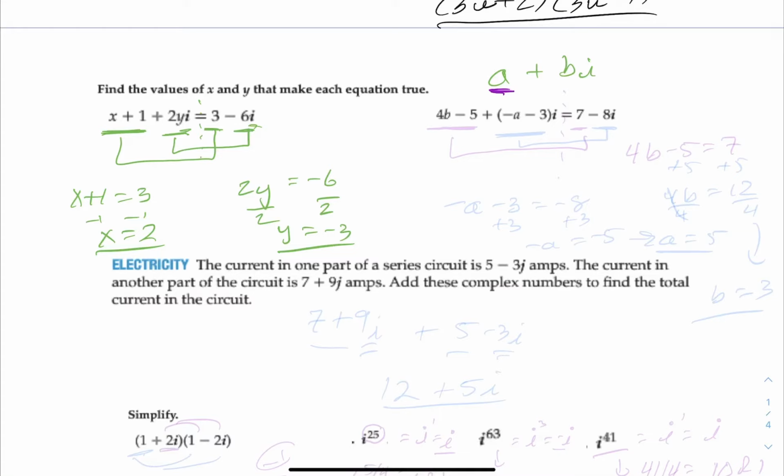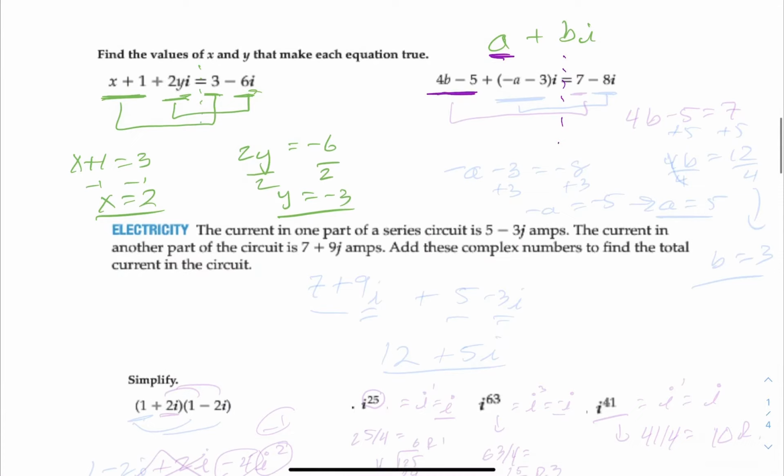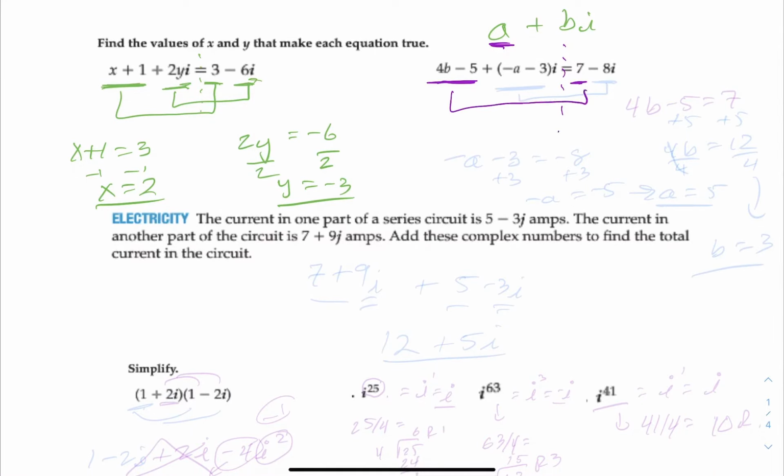If I'm doing that over here, let's look at the real part first. What has no i on this part of the equation? This part. What has no i over on this side? The 7. Those are both the real parts. So I have 4b minus 5 equals 7. And over here, the imaginary part is this, and that has to equal this. So negative a minus 3 has to equal negative 8.